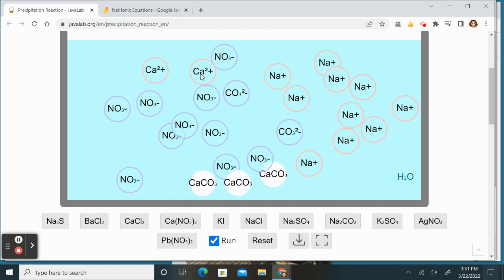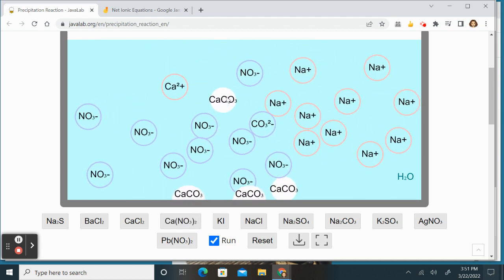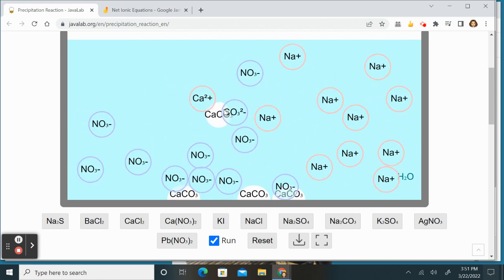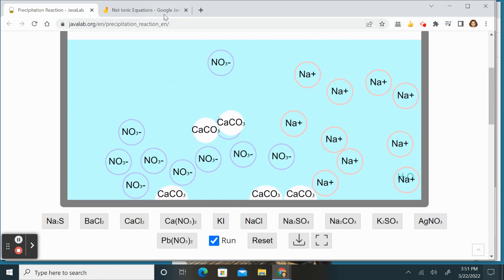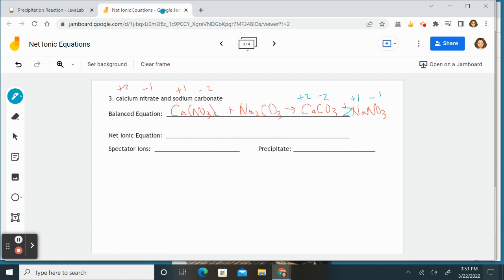So as calcium ions float around and hit that carbonate ion, they form that precipitate. So that's our net ionic equation. So our calcium ion, which is plus 2, and our carbonate ion, which is minus 2, makes our calcium carbonate. And that's our solid precipitate.